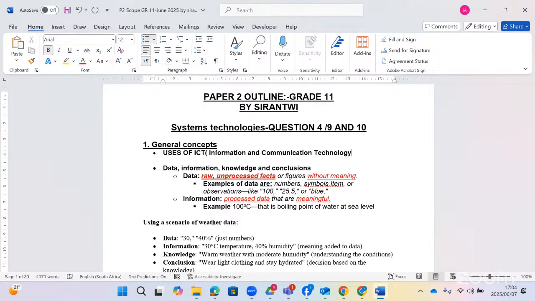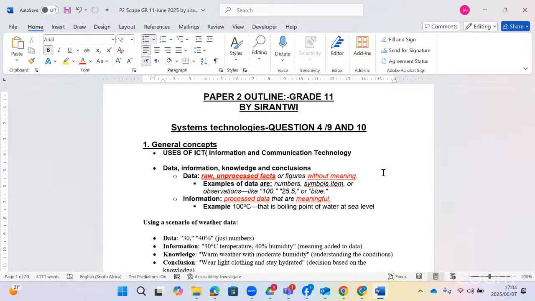So in other words, ICT is very, very important in all aspects, every sector. In agricultural sector, RFID tags are used to locate or trace animals in farming. So basically, every sector, ICT is very, very important. So you need to know the uses or the importance of ICT in all these sectors.